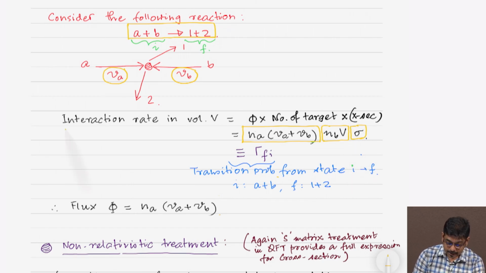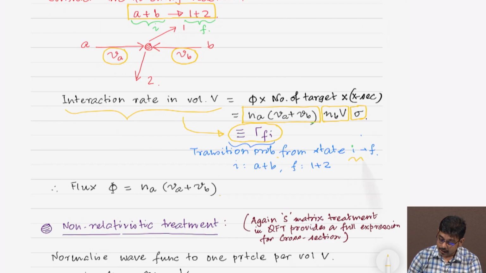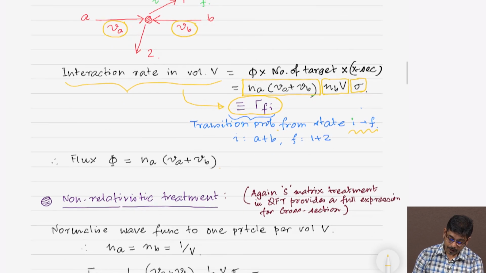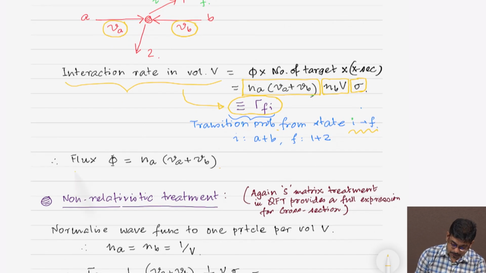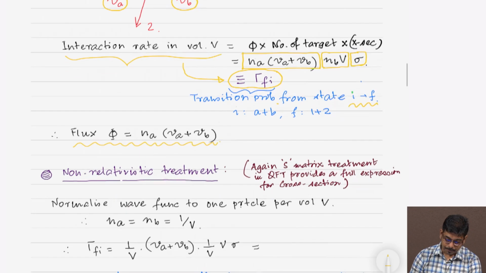And as I said, this interaction rate in the volume V can be identified in non-relativistic quantum mechanics with gamma Fi, which gives you the transition probability from state I to state F. Of course, we have used that the flux is Na times (Va plus Vb).